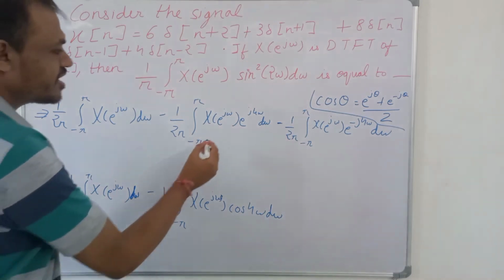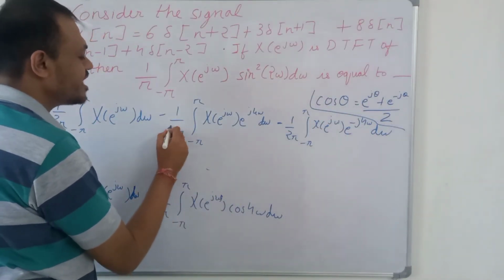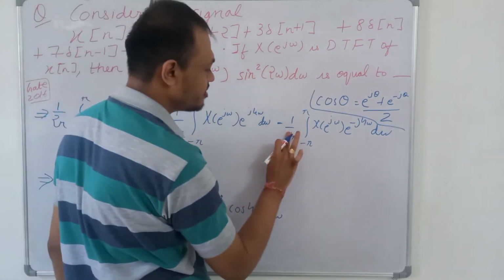And the 2 in the denominator will get multiplied by 2 pi, so it will become 4 pi.